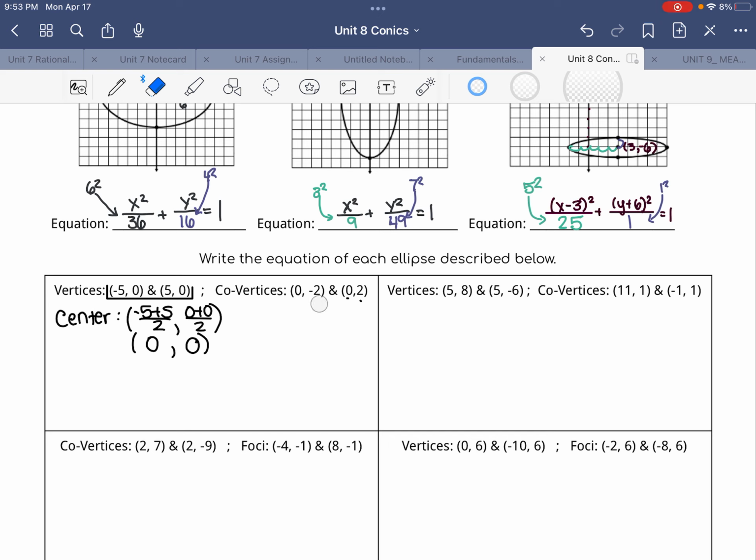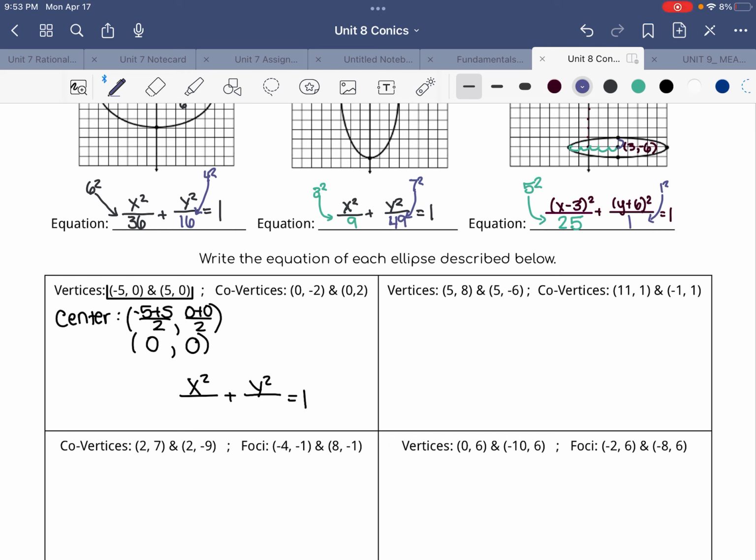So it does not matter which one you use. Now that I know that piece, I can go ahead and start my equation, x squared over blank plus y squared over blank equals 1. Now, your vertices are always going to be the bigger number.